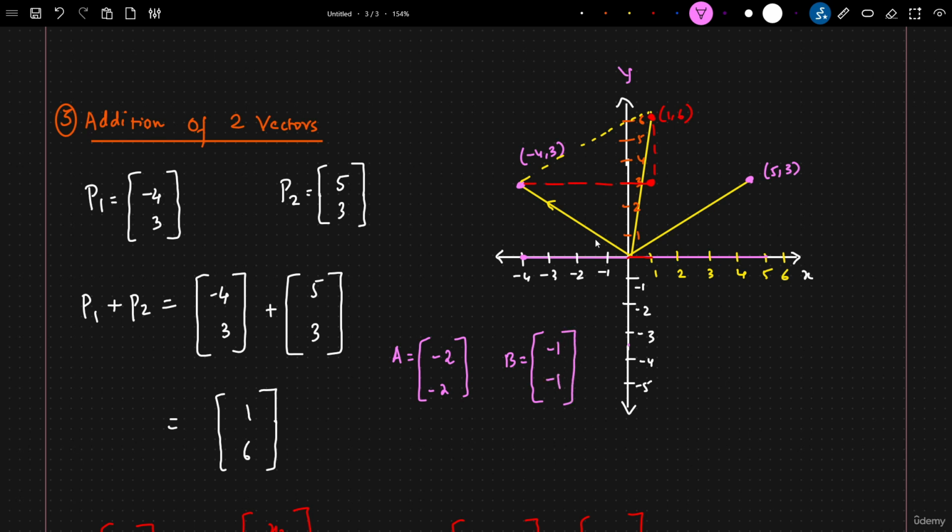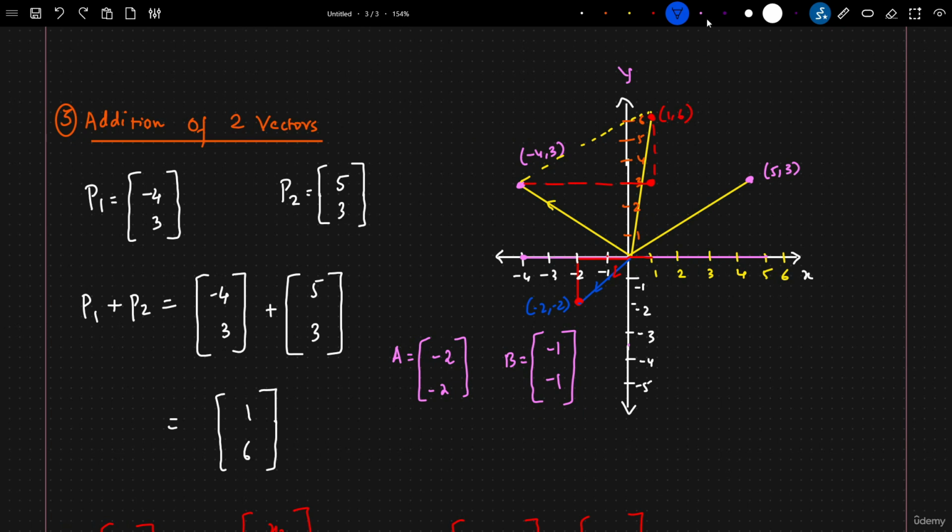Now if I want to add these, first of all in the x-axis I will go to minus 2, and from here I will again go to minus 2. So this will be my initial vector in this direction. Now when we add minus 1 and minus 1, what is going to happen?